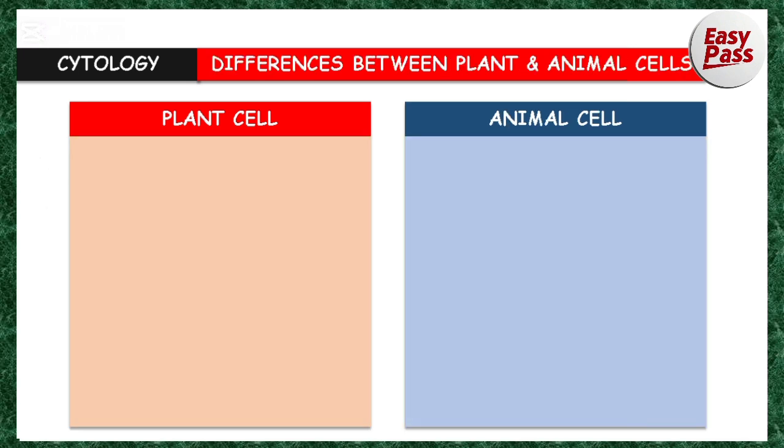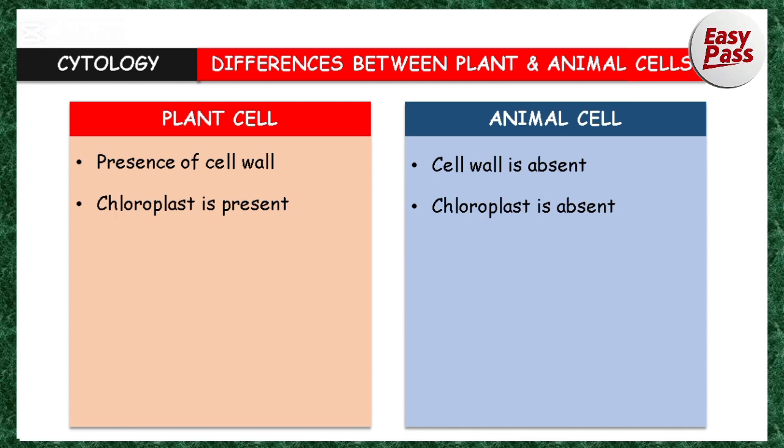Number one, there is presence of cell wall in plant cell, while in animal cell, wall is absent. Now, number two, I'll be picking chloroplast. Chloroplast is present in plant cell while absent in animal cell.